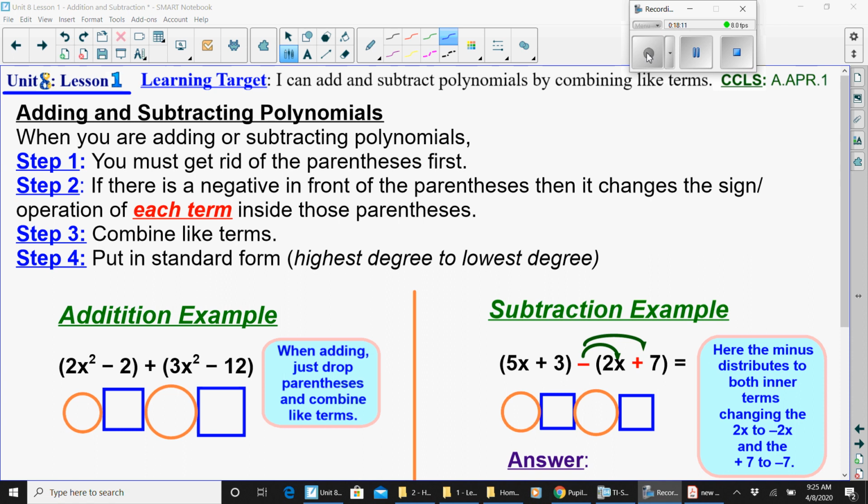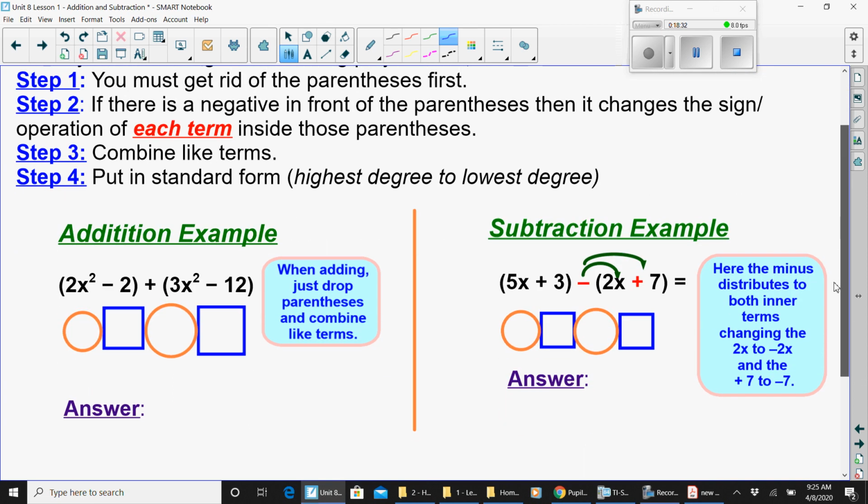I just think of it as distributive property. You're distributing a negative inside the parentheses, and it changes all of the signs inside the parentheses, right? But the addition-wise, like if there's an addition example on this left hand side, it's just much easier to deal with.